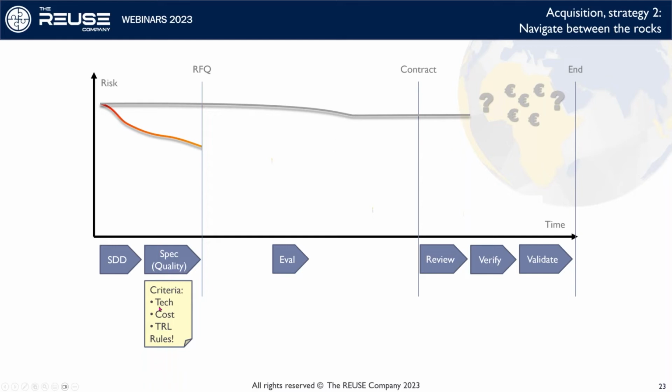You should probably have a technical aspect, cost aspect, but you could have a technology readiness level to sort of assess the maturity of the offered solution. You should identify whatever rules you would wish the bidders to follow while responding to your request and so on. So if you have done this, you have reduced the risk of misunderstandings a bit.